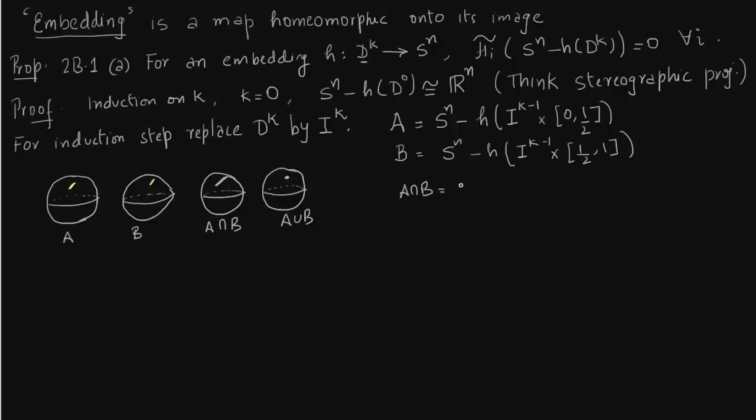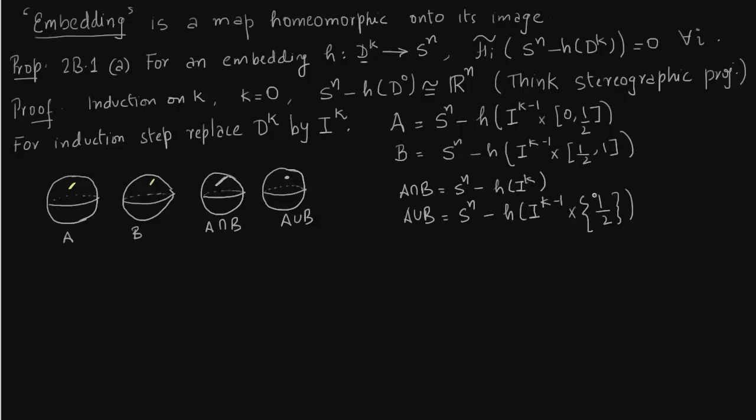So A intersection B is clearly S^n minus I^k. What about A union B? A union B is nothing but S^n with a point subtracted out. By induction, the reduced homology group of A union B will be 0.